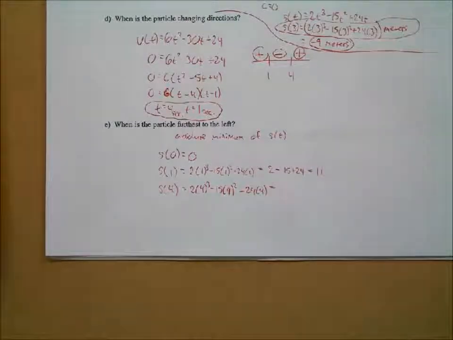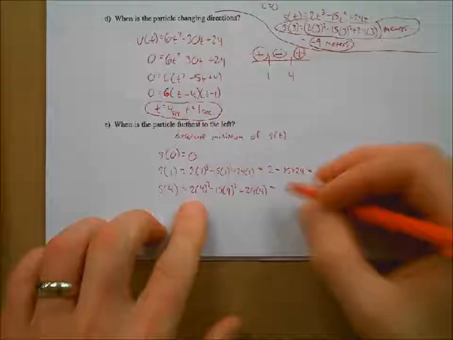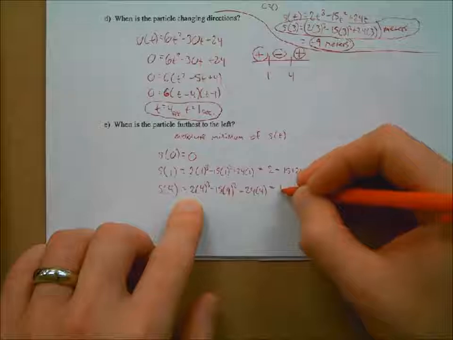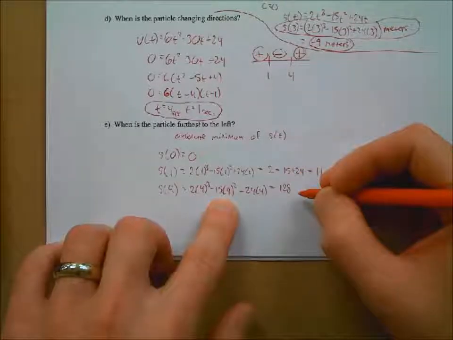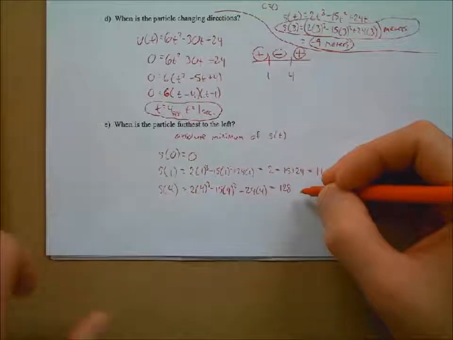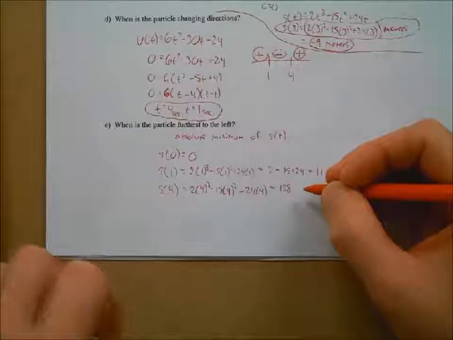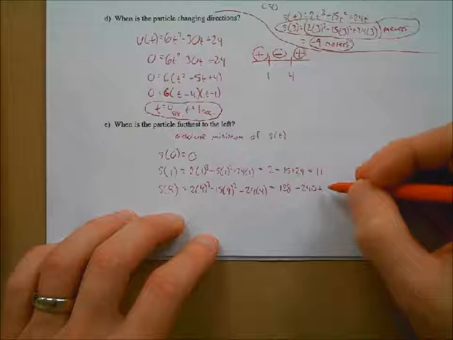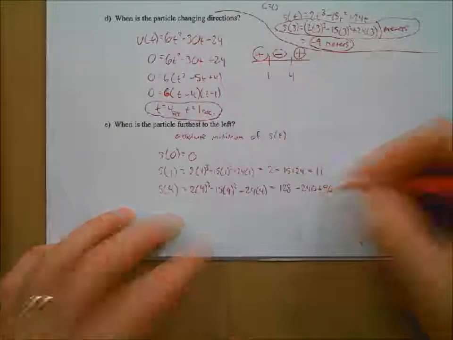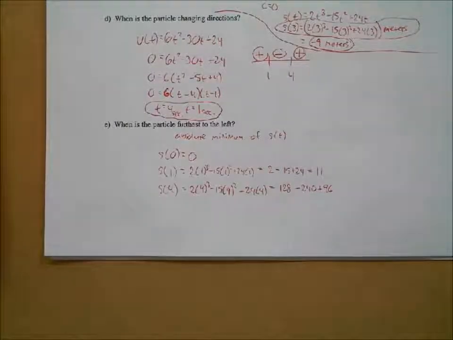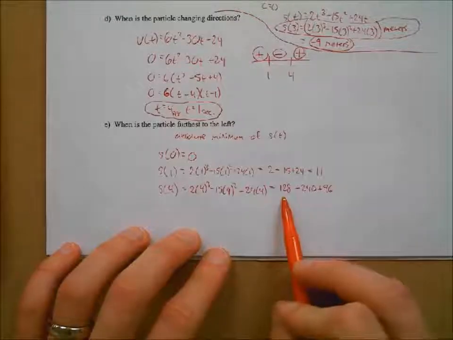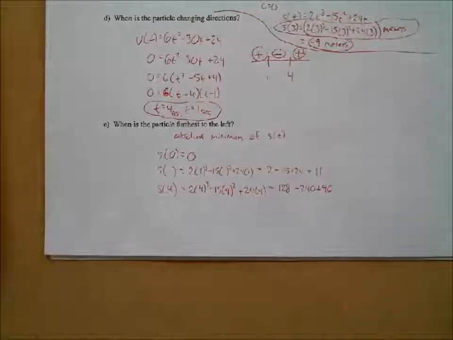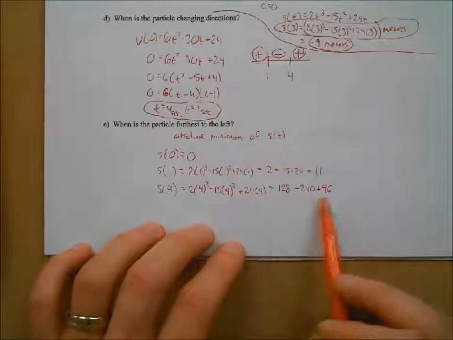Okay. And then let's see here. 2 times 4 cubed. So 4 times 4 is 16, 64, but times 2 is 128. 4 squared is 16 times 15. Yeah, 240. Okay. And then let's see, 24 times 4, 48, and then 96. Okay, so 128 minus 240 plus 96. I think we can at least kind of agree here that we're going to end up with a negative number, right?